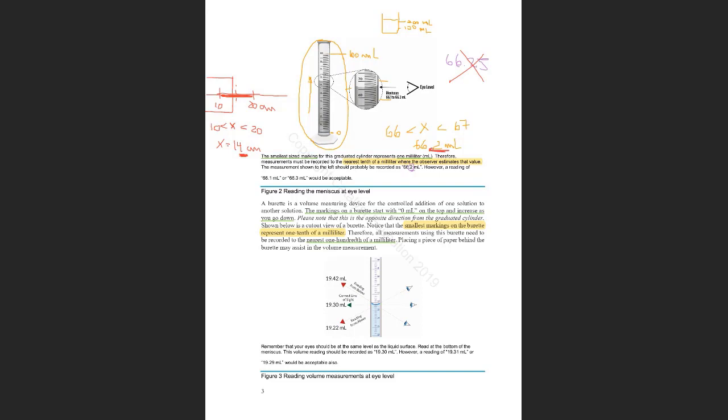If you look from down, you are going to read maybe a higher value. And if you look from upper, because of the way the eyes look, you are going probably to read a lower value. So it's important that your eye, as it says here, is at the level of the liquid. So that's one consideration to learn.